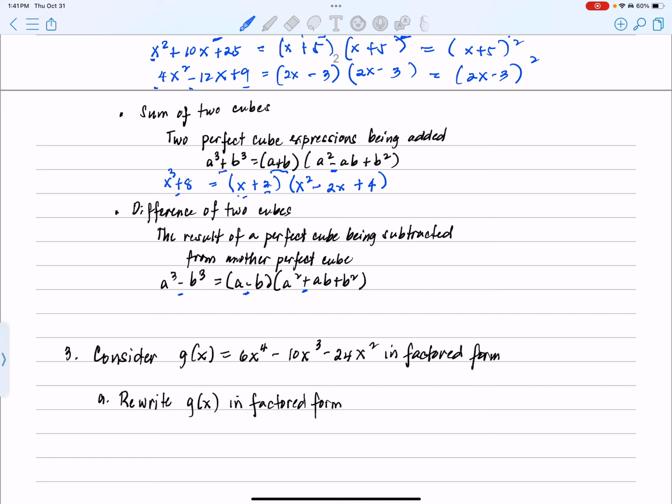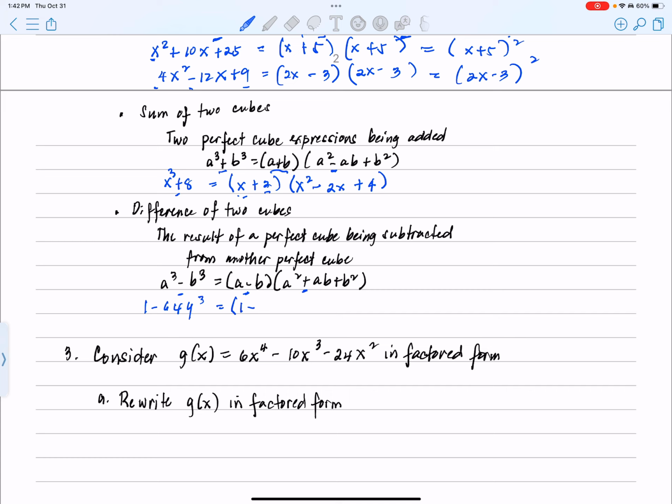So for example, we have 1 minus 64y to the third power. So 1 times 1 times 1 is 1. You factor out. And the cube root of 64, that is how much? 4 times 4 times 4, right?